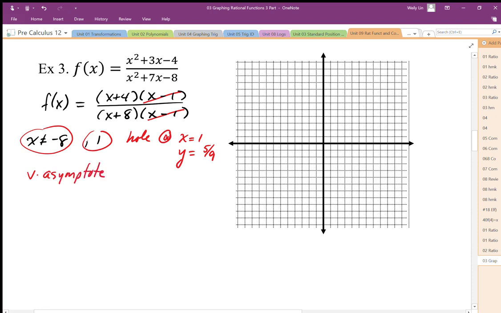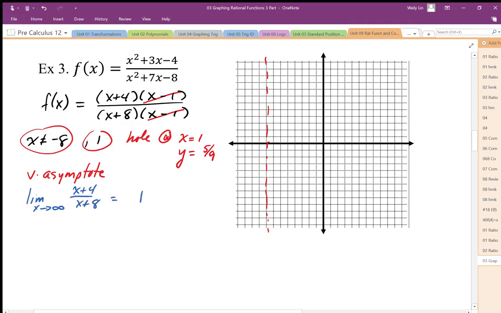So I'm going to draw my vertical asymptote at -8, so 3, 6, 8. So at x equals -8, there's my vertical asymptote. I do my limit as x goes to infinity of x plus 4 over x plus 8.